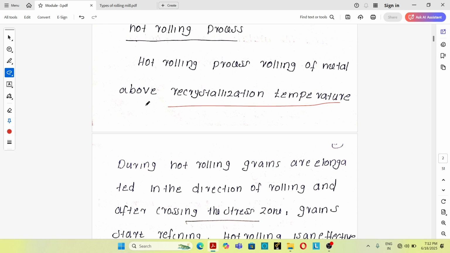What do we mean by recrystallization temperature? It is the temperature at which new grains start to develop or form over the parent grain structure. So in hot rolling, the metal is heated above the recrystallization temperature and the rolling process takes place.